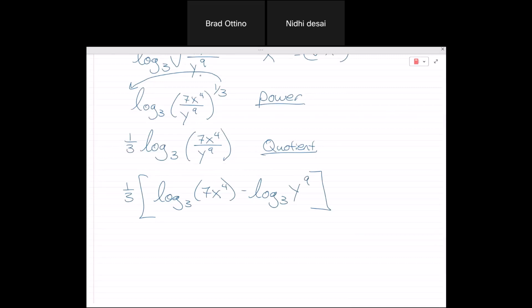Then it looks like we have a couple more power properties and a product. So right here, I could use another product property. And right here, I could use a power property.